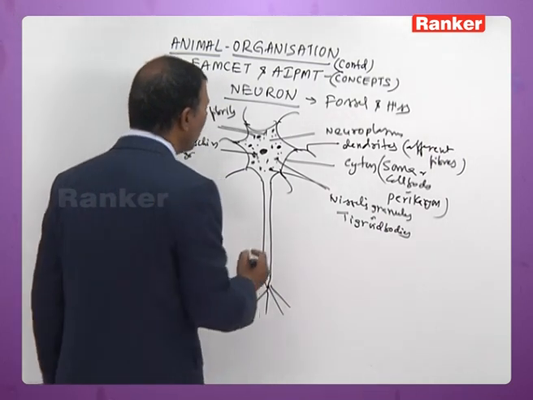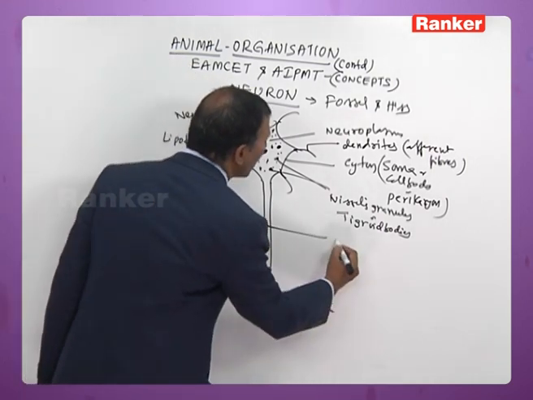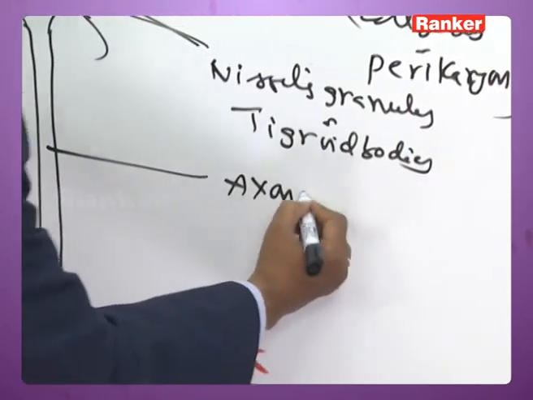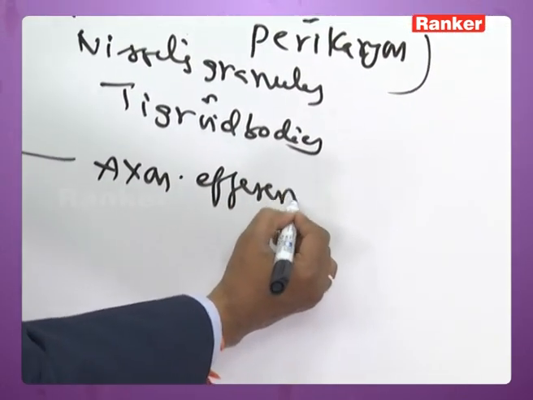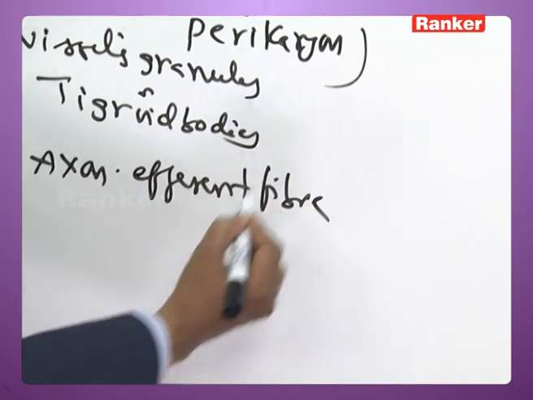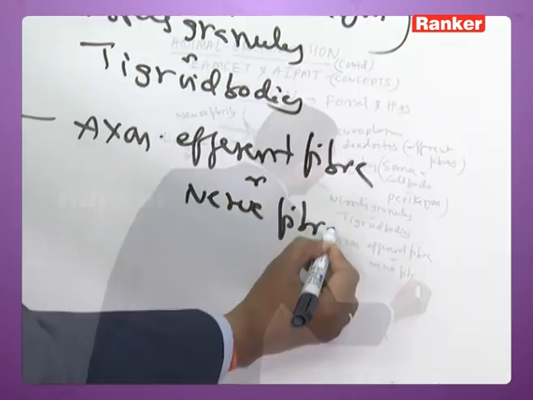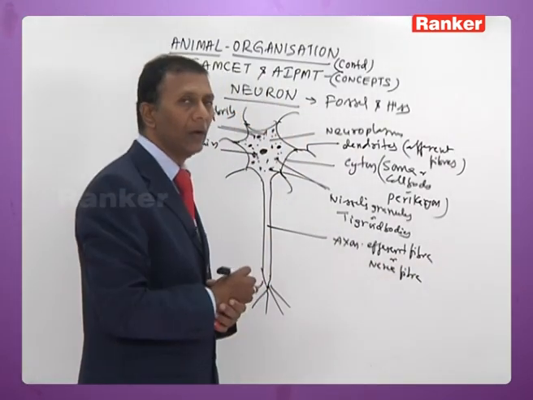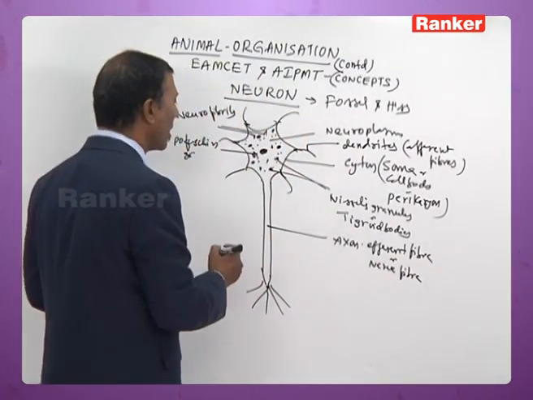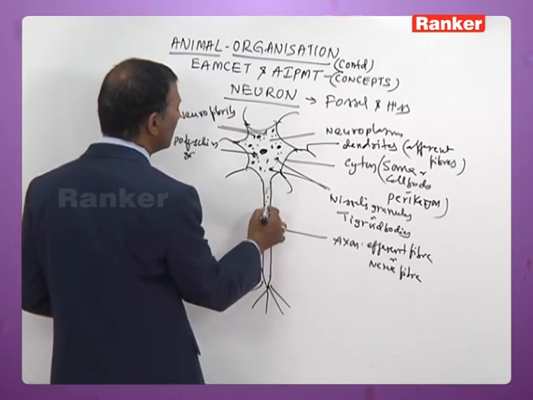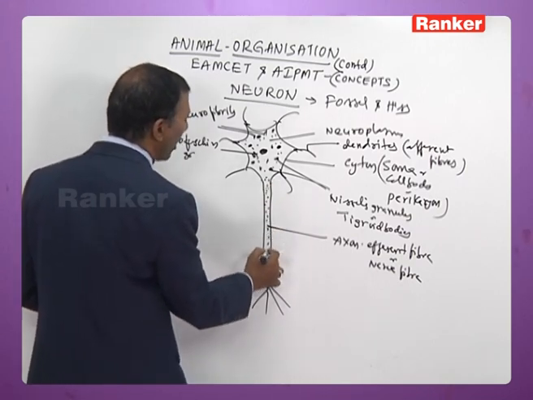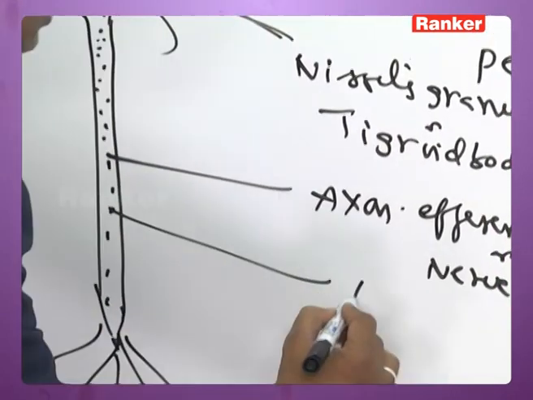Now, the cyton gives rise to a long fiber called axon, which is also called efferent fiber, or nerve fiber. The axon is deposited with the cytoplasm. The cytoplasm content of axon is called axoplasm.